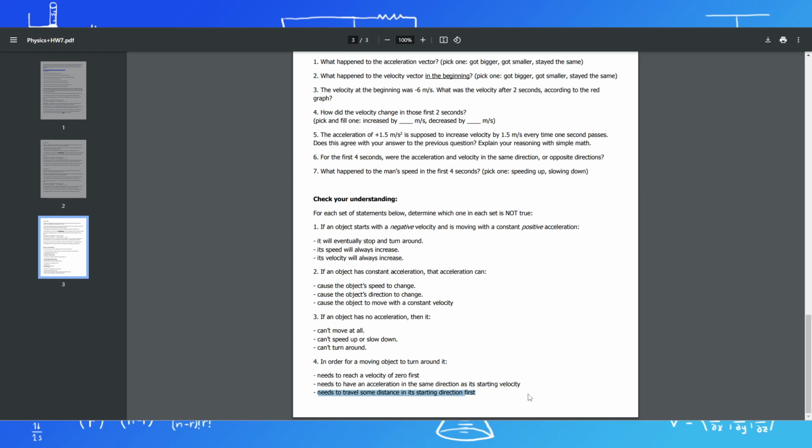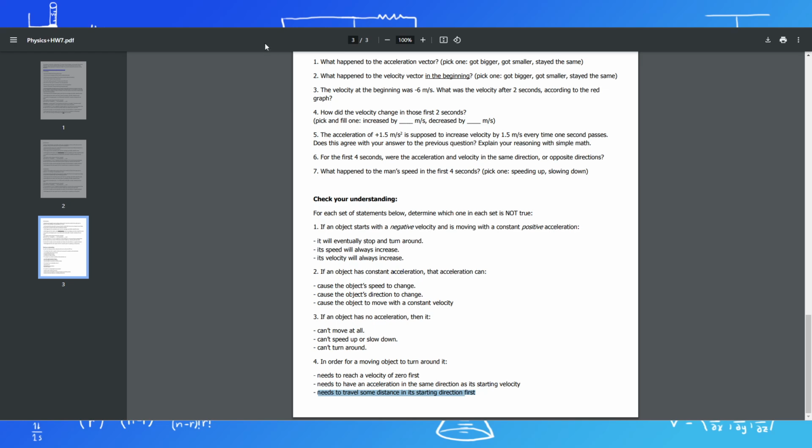By turning around, I mean a complete 180. If you're just tilting your direction slightly at an angle, that's a different story. But if you're doing a complete 180, then yeah, the object needs to travel some distance in its starting direction first before you can completely reverse direction. And I think that is it for that problem.